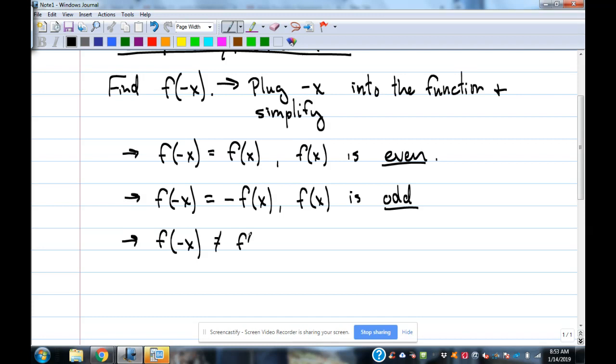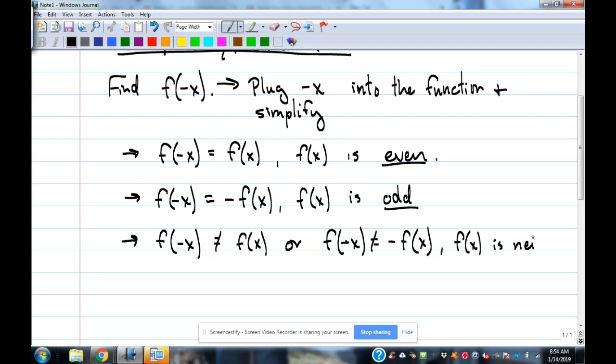If I plug in negative x and I don't get the opposite back, I get anything other than that, kind of a mix, so some of the signs changed, but some of them didn't, that sort of thing. If I get something that isn't one of these two, guess what it is?